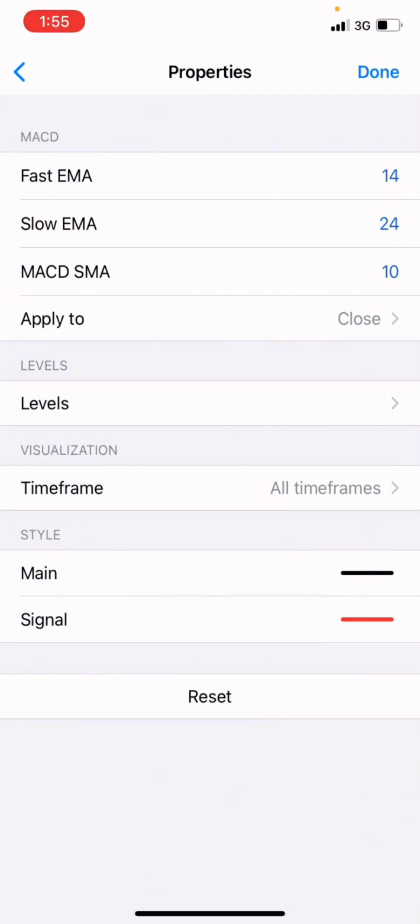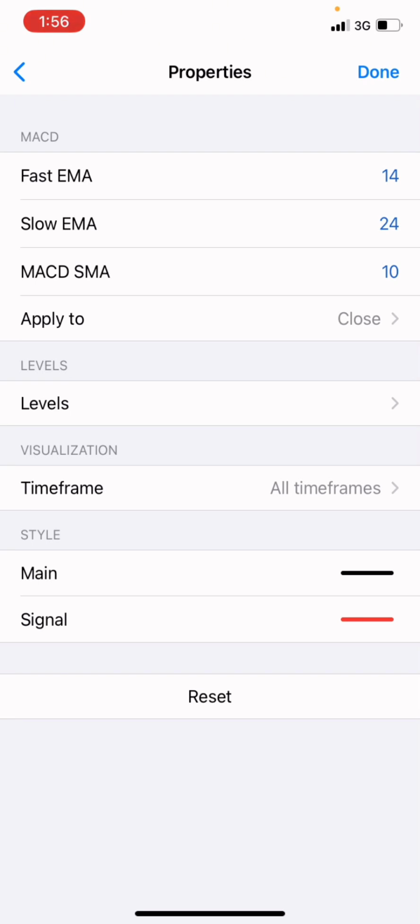So the strategy that I have been able to understand with this MACD: if I change these parameters right now, it will change in the market chart and the price movement as well, and it will change to a different pattern and strategy. So you want to make sure that when you set the parameters, you set them to the type of strategy you want to use them with.